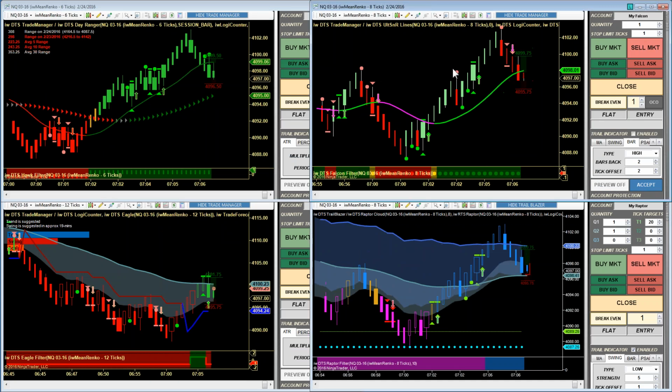Getting a trend change signal here in the Falcon, and possible hard edge bounce here on the Eagle. So a little bit of conflict in the signals, but that's to be expected if we're anticipating a trend change.